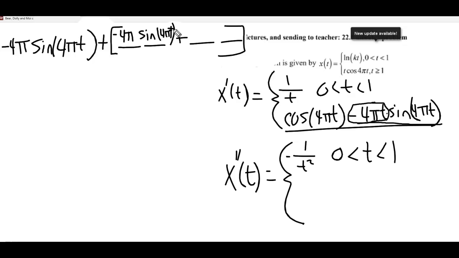All right. Next one, we will leave the negative 4 pi t alone. Now we need to multiply it by the derivative of the sine. So the derivative of the sine is going to be cosine of 4 pi t. I'm outside of my brackets there a little bit.